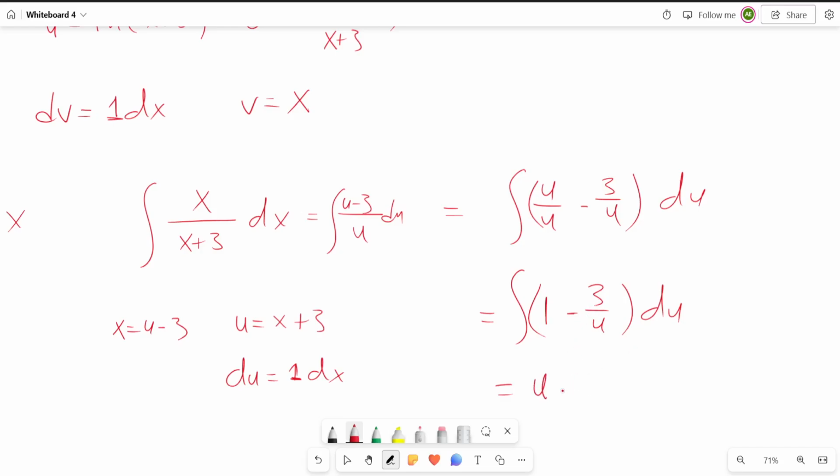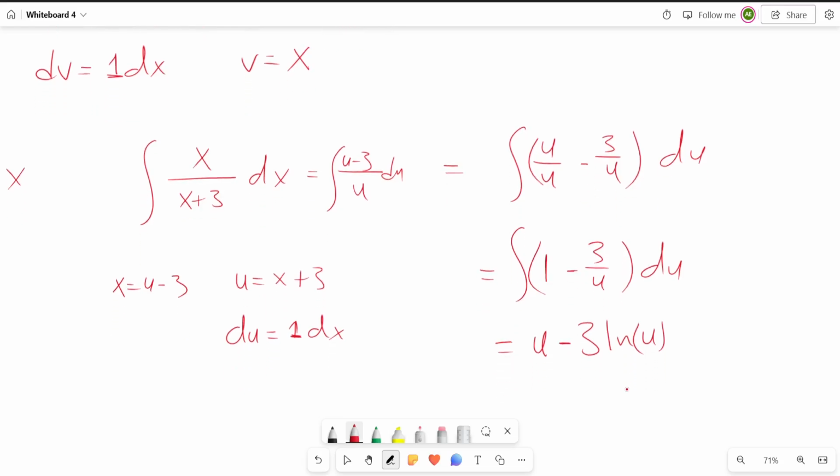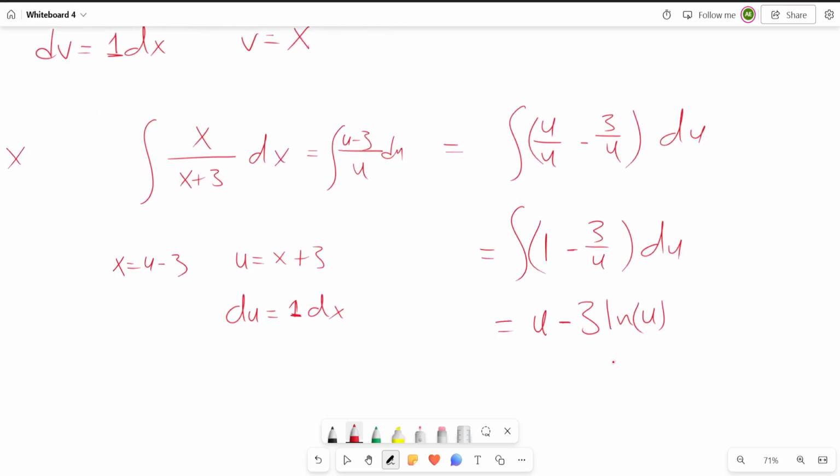Integration of minus 3 over u is minus 3 ln of u. Now I can replace my u with the original substitution, which was x plus 3. So this is going to give me x plus 3 minus 3 ln of x plus 3.